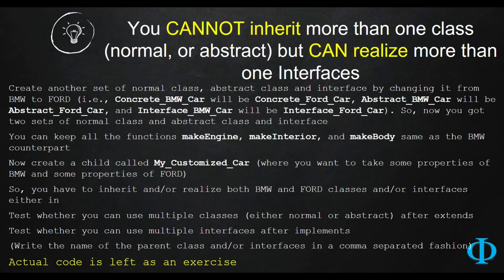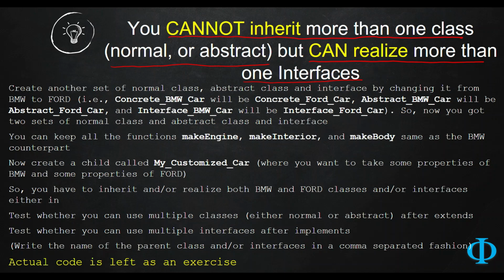Through this exercise, you can understand that you cannot inherit more than one class, either a normal class or an abstract class. Whatever it is, you can inherit only one class. But when it comes to the interface, you can realize more than one interface.